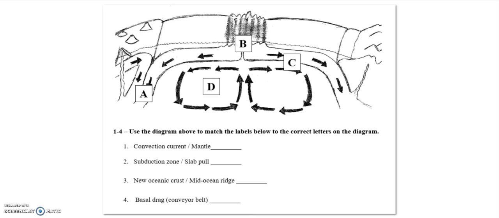1 is convection current / mantle. So which letter would be the convection current in the mantle? Number 2, where would the subduction zone and slab pull force be? Where would the subduction zone and the slab pull be happening? Which letter?